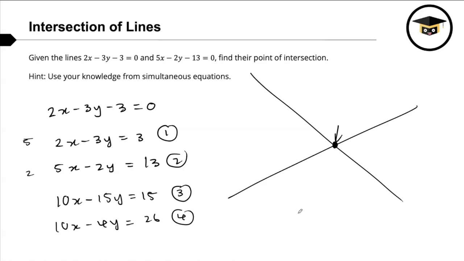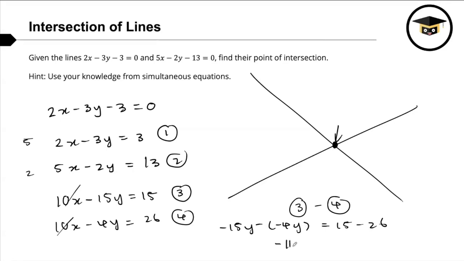And then I'm going to do equation 3 minus equation 4. So 10x minus 10x, they cancel each other out. Negative 15y minus 4y is equal to 15 minus 26. So negative 15y minus 4y is negative 11y, and 15 minus 26 is equal to negative 11.